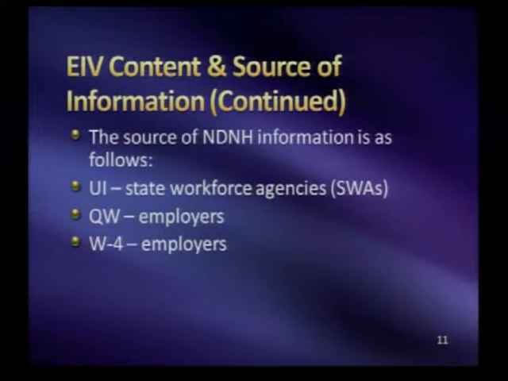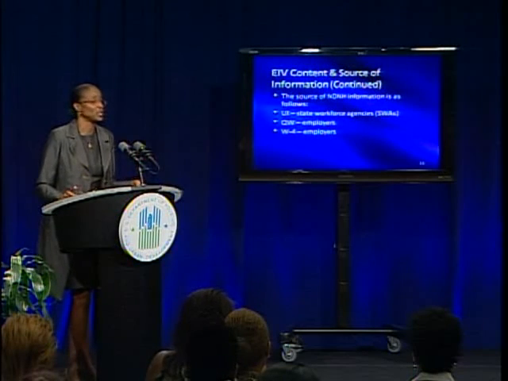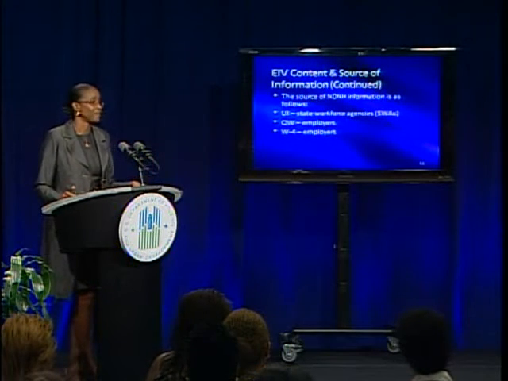Now, the source of the NDNH information is as follows. Keep in mind, as I mentioned to you yesterday, the information that's in these databases comes from specific sources. So for the unemployment insurance or unemployment benefits, this information comes from the local state workforce agency in your jurisdiction, or the agency within your state that has the responsibility of generating unemployment checks to unemployed individuals who are eligible for those benefits.